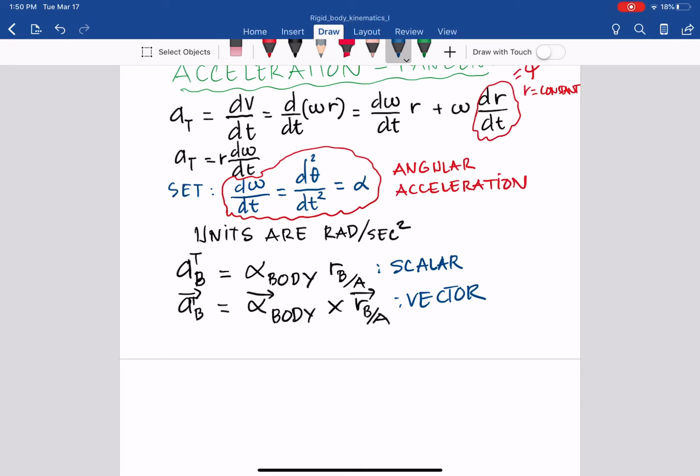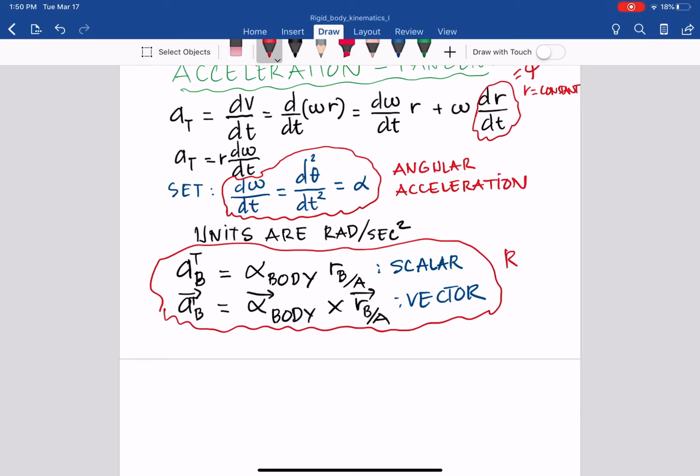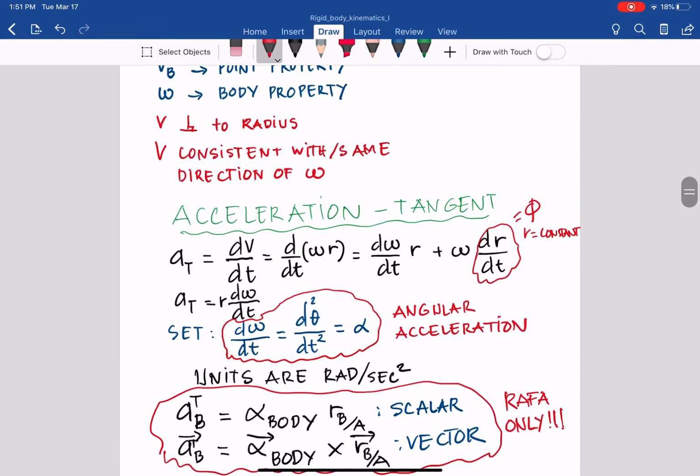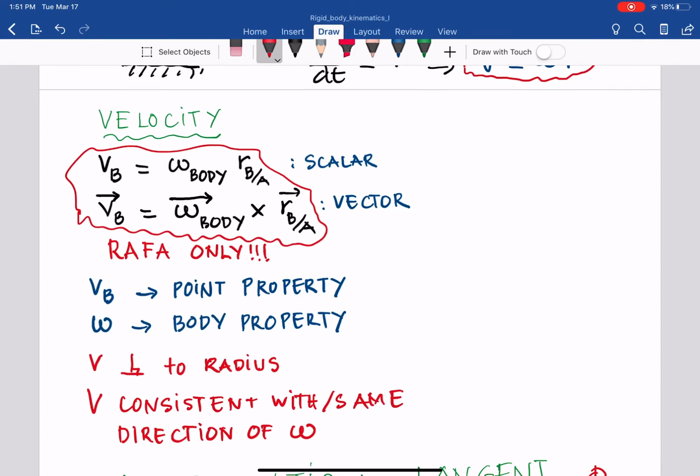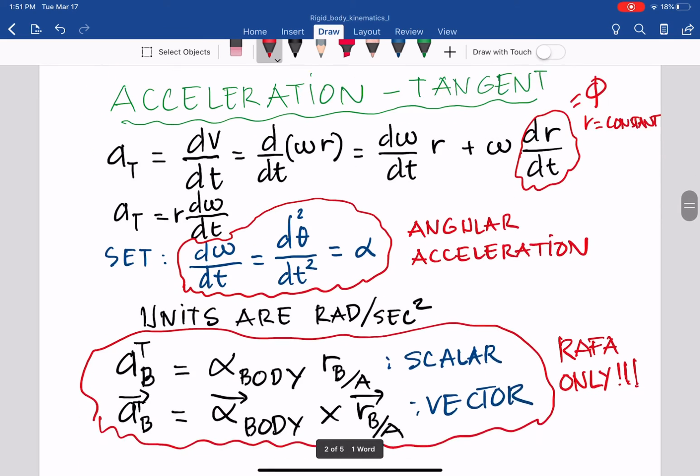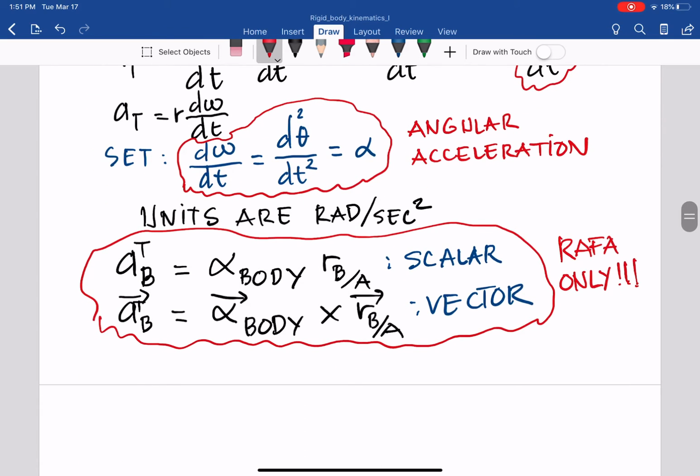Make sense? And again, this only applies for rigid body motion. What about general plane motion? We will talk next time, next week. Rigid body, next lesson, by the way. Rigid body only, and the same right here. This equation applies for rigid body only, and for the acceleration also applies for rigid body only.